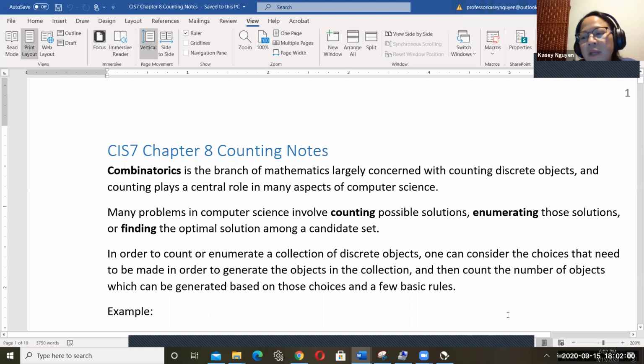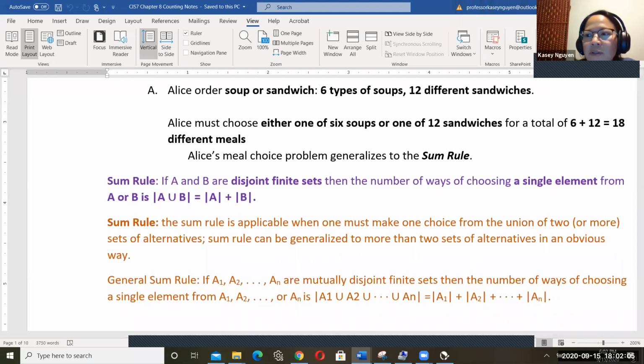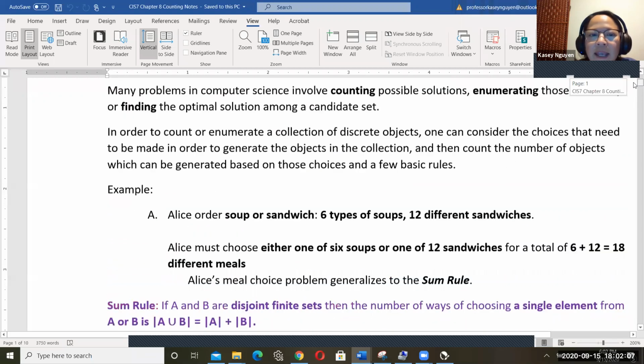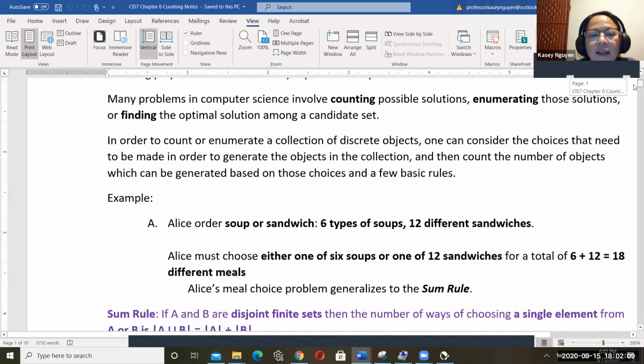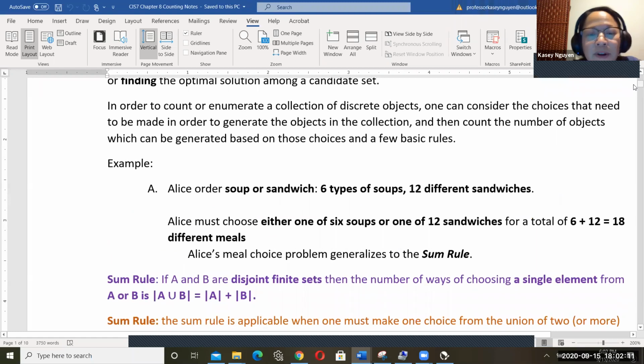An example that some of you have come across is if you go to a restaurant and you want to order soup and sandwich, and they give you many different types of soup and many types of sandwich. Or when you go to a fast food place and you can have different combo mixes, right? In the example on page 1, Alice is ordering soup and sandwich.